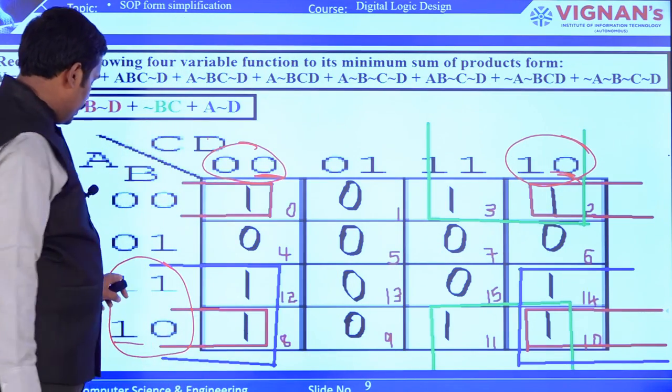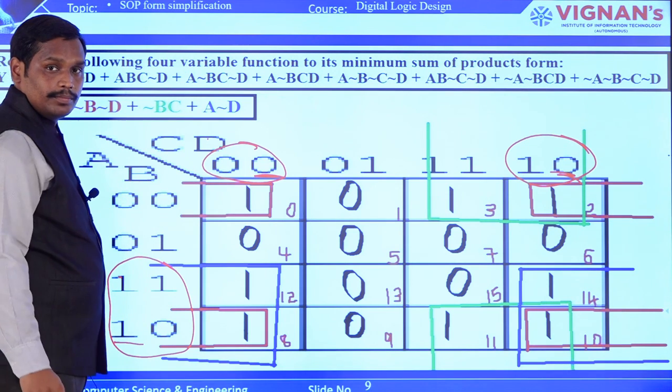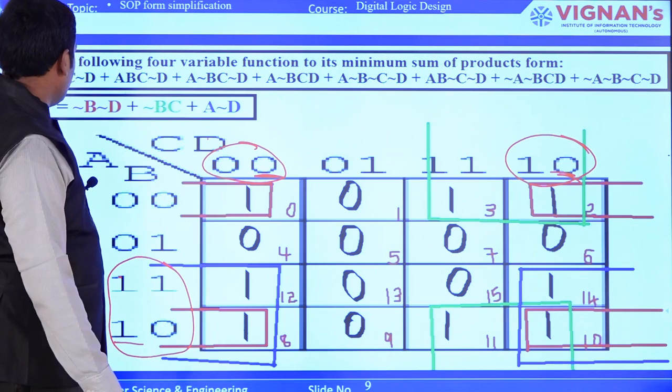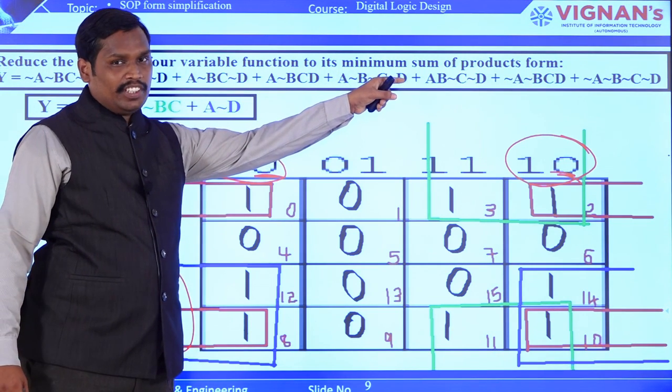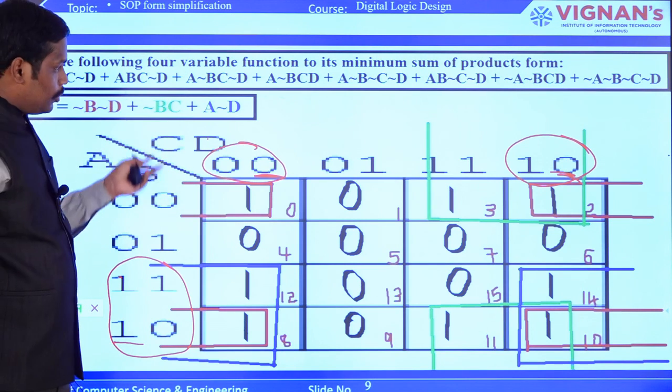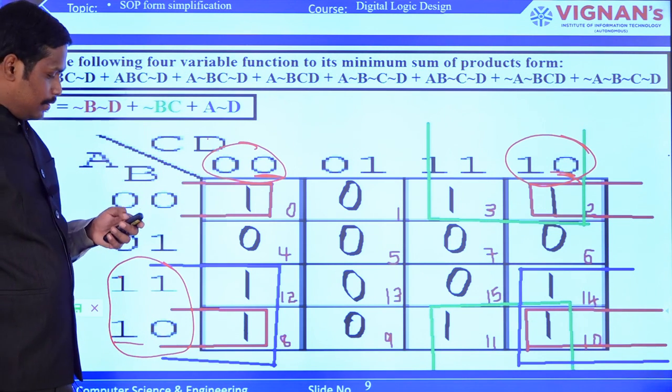That is the reason why we call it A D bar. This is how you have simplified the expression. This is a complex expression in SOP form, and now this is a simplified SOP form, right? So this is how you are going to solve all the Karnaugh maps, right?